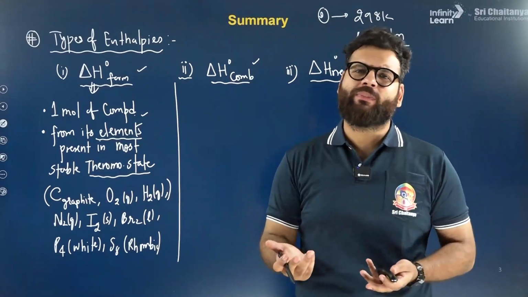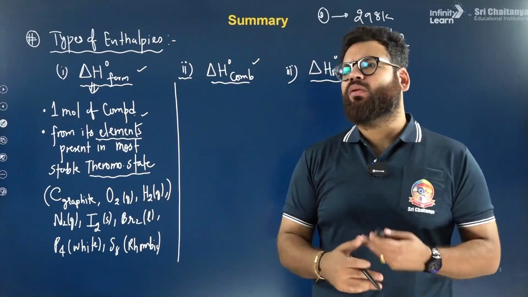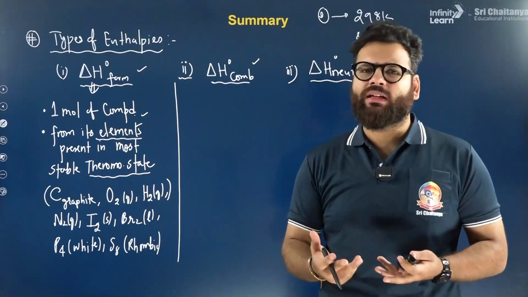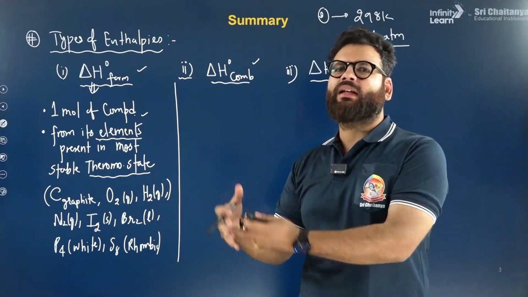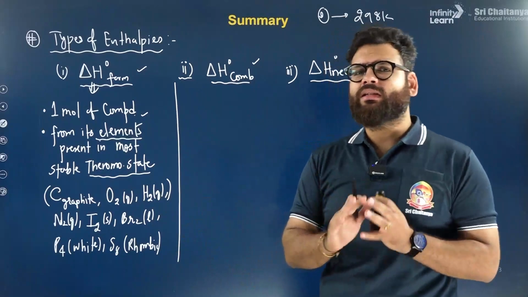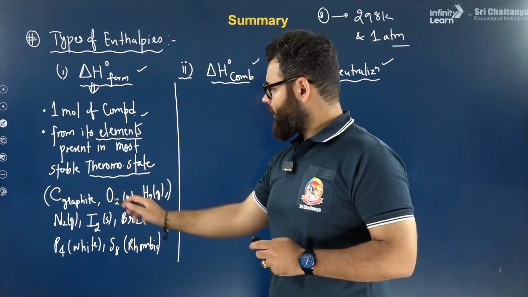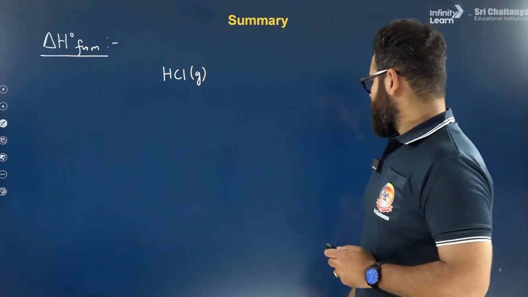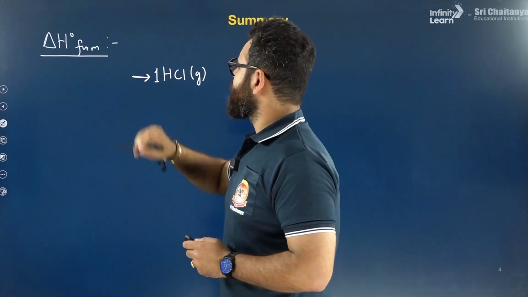You cannot prepare HCl by other methods. There are many more methods by which you can prepare HCl, obviously. Okay. You might have seen that chloride can react with HNO3 to give HCl. Okay. NaCl plus HNO3 can give HCl plus NaNO3. These reactions are not formation reactions. It must be from the elements in the most stable state like these elements. So, I will always take 1 mole of HCl to do the formation reaction.